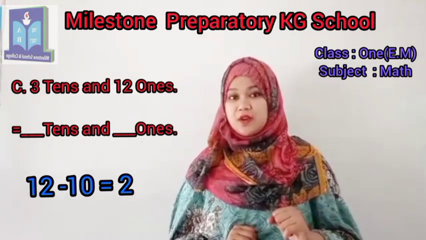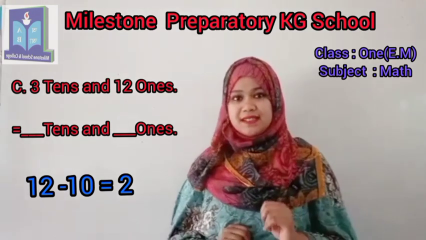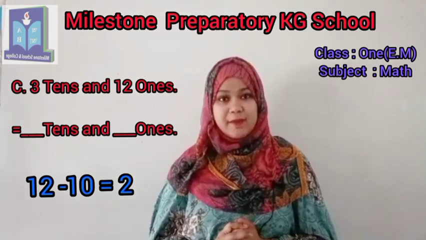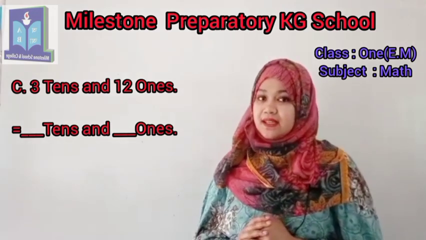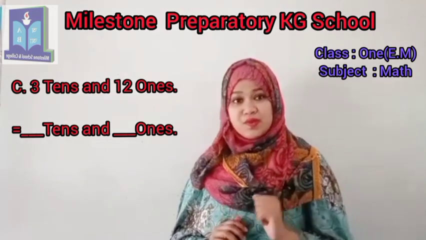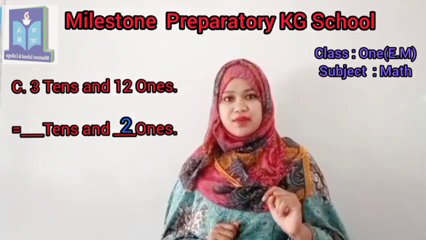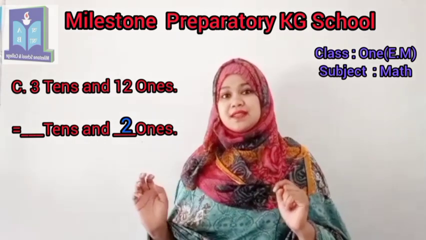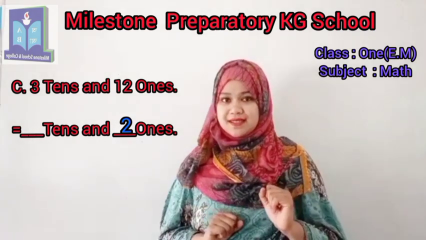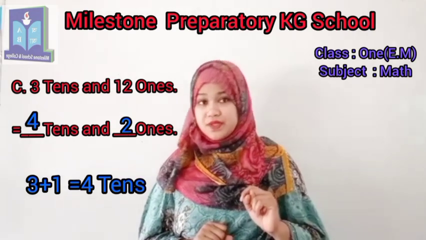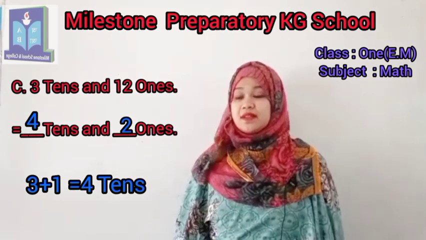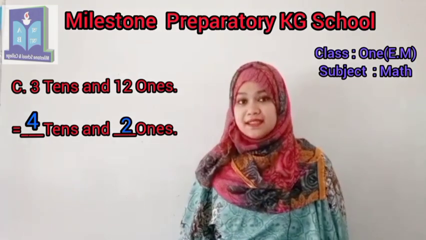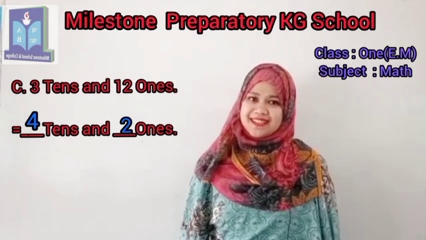So how many tens do we get? 1 tens and we have 2 ones. So here we can write in the ones position 2 ones and we get 1 tens from here and we have to add it with the previous tens number. So previously we have 3 tens and 1 tens. That means 4 tens and 2 ones.